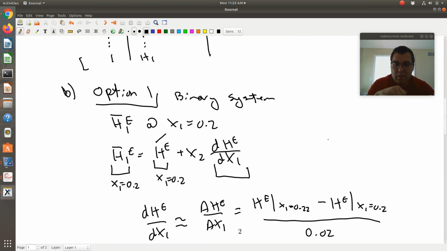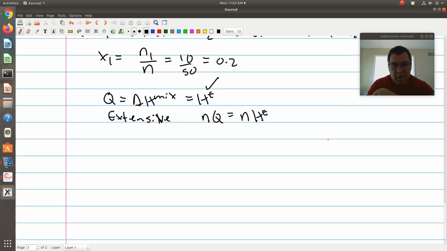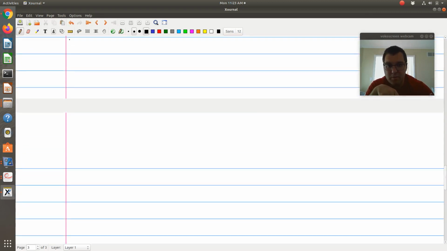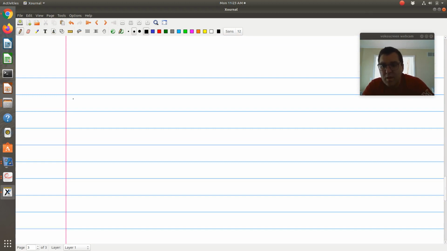This one's a little more complicated. Let me add another piece of paper, a new page, so we don't run out of space. If I start with D, the trick is still that my heat, Q, is equal to ΔH.